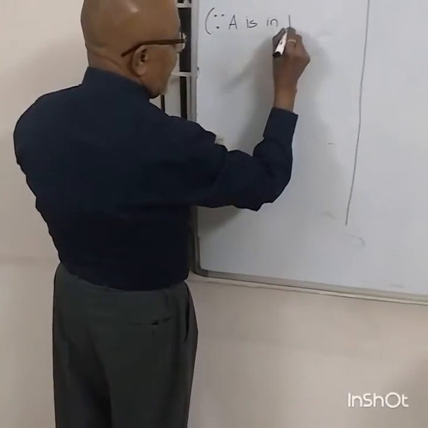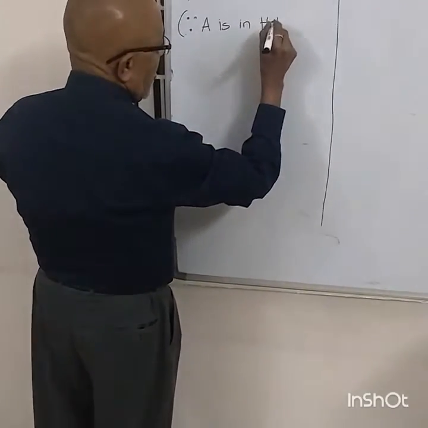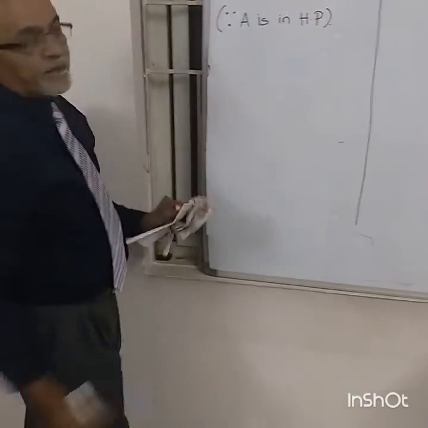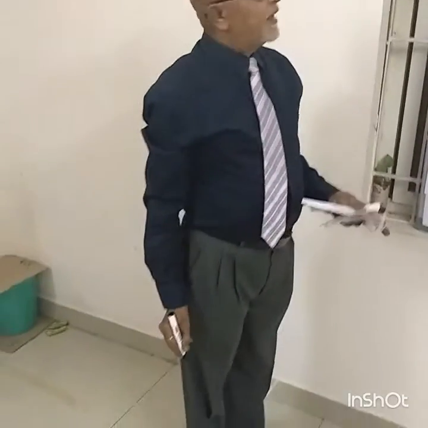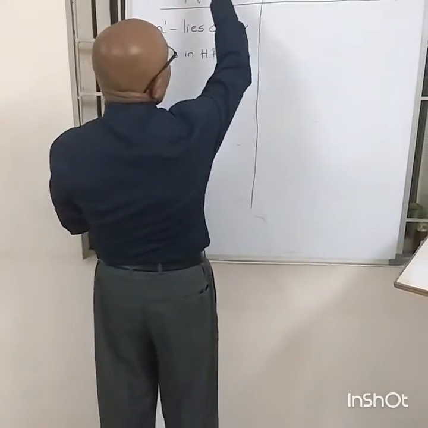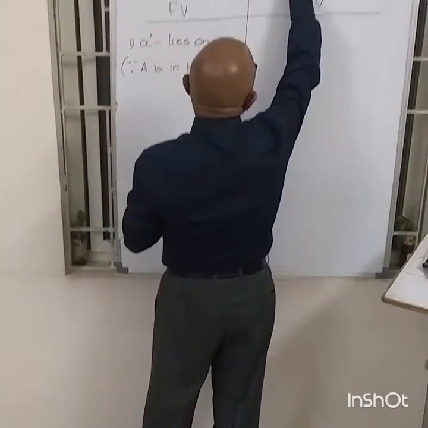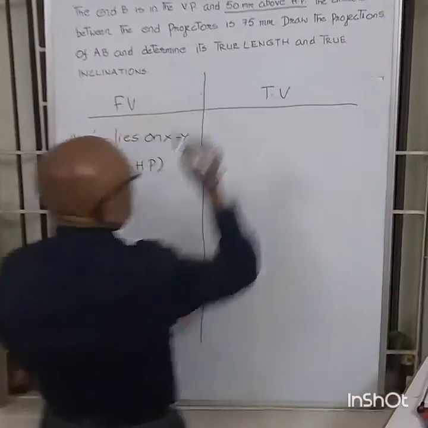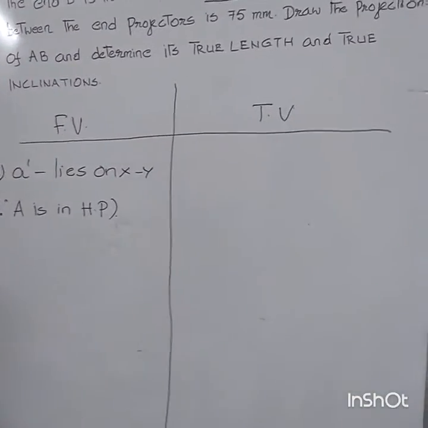Again, this is because B is in first quadrant and 50 mm from horizontal plane.